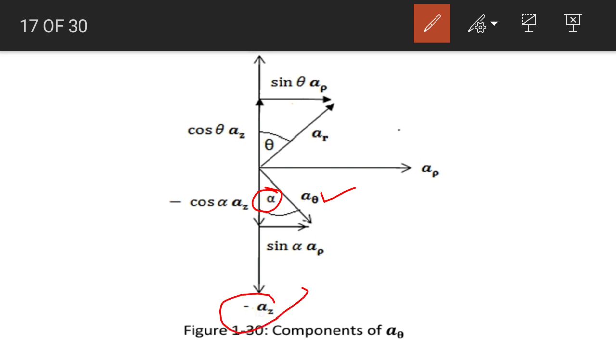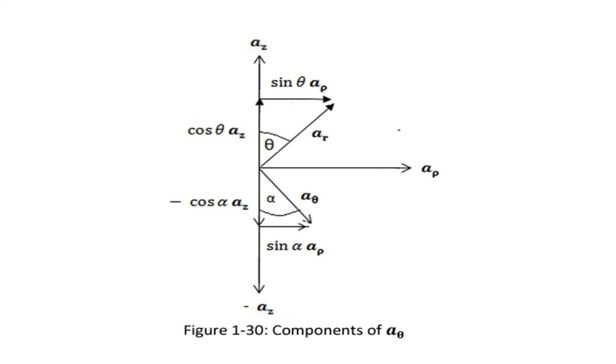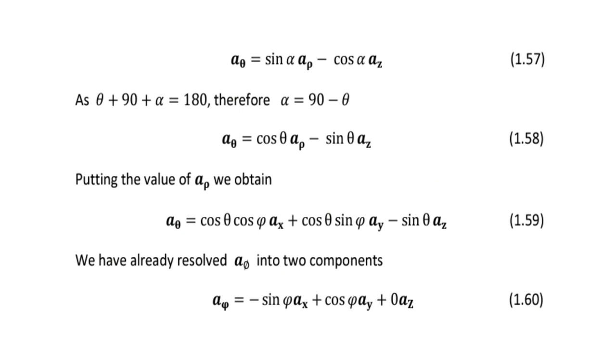So a theta makes an angle of alpha with respect to this unit vector minus az, and we resolve a theta into two components. It has a component in the direction of the unit vector minus az, which is minus cos alpha az, and another component in the direction of the unit vector a rho, which is sin alpha a rho. So we have resolved the unit vector a theta into two components.